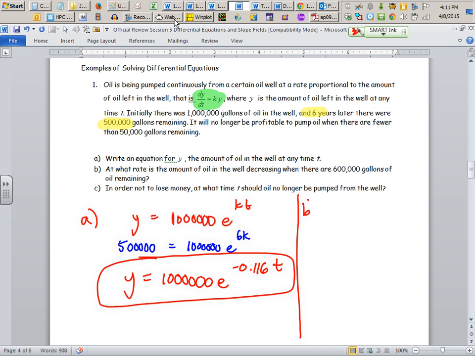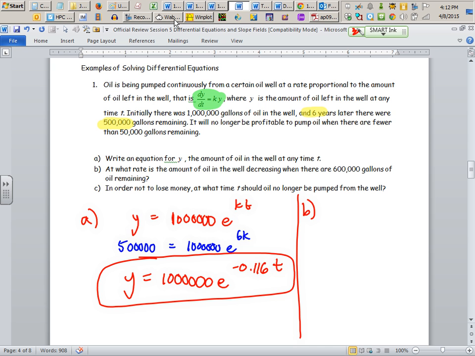Okay, part B. At what rate is the oil in the well decreasing when there are 600,000 gallons of oil remaining? Oh no, now we have to take the derivative of our answer maybe? Do I have to take the derivative of this now so that I can get an oil rate? Oh shoot. Don't have to, it's right there.